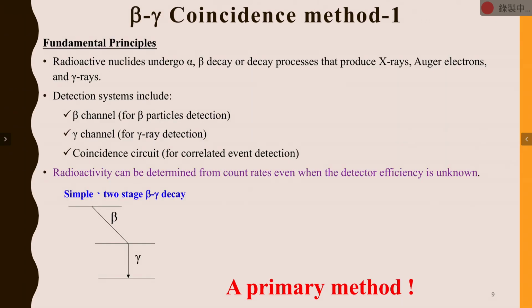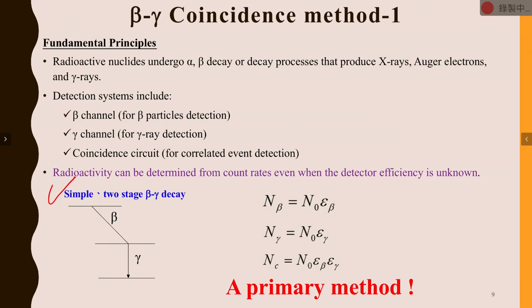Here I illustrate the 4π beta-gamma coincidence method. It's an absolute primary method for activity measurement. Here is an example for a simple two-stage beta-gamma decay. This method is governed by these three relations.